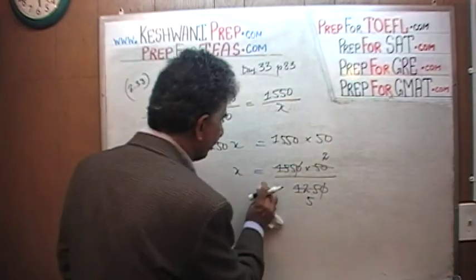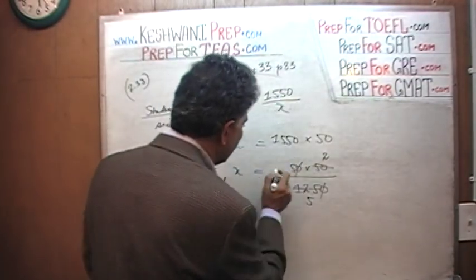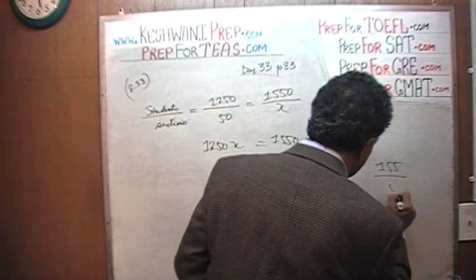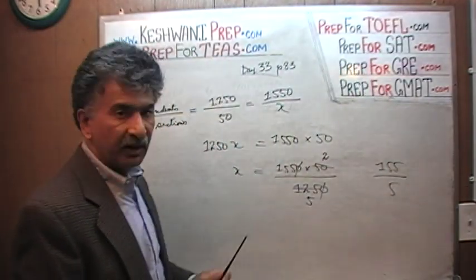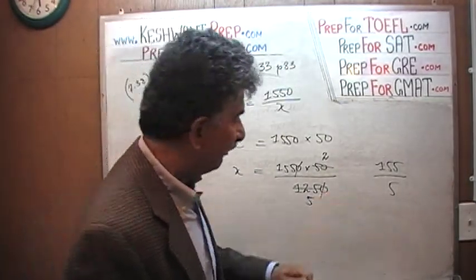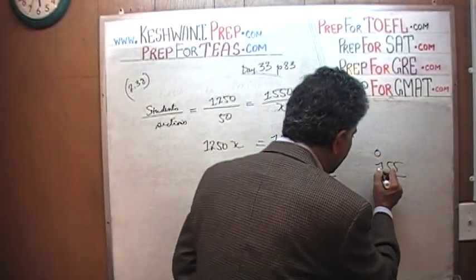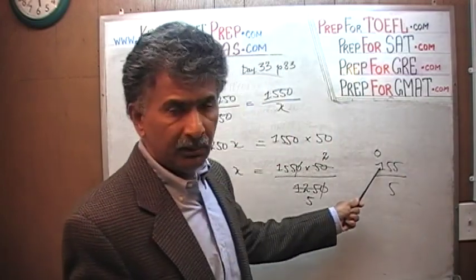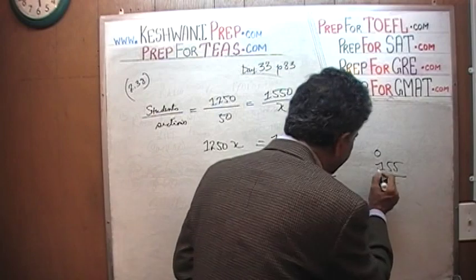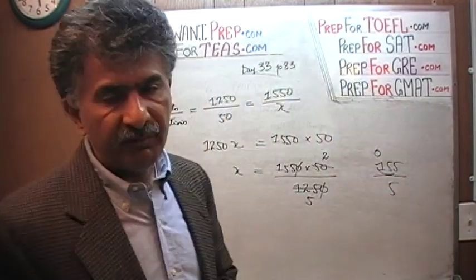Okay? Let me start again. We're trying to divide 155 by 5. That's what it is. And what we're asking ourselves is, how many 5s in a 0? 0 has no 5s. How many 5s in a 1? 1 has no 5s. That one goes and joins the 5, becomes 15.